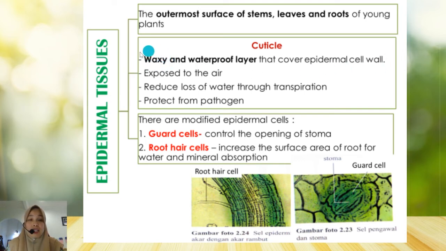When the cuticle is exposed to the air, it reduces the loss of water through transpiration and also protects from pathogens. So the cuticle is very important to the epidermal tissue.